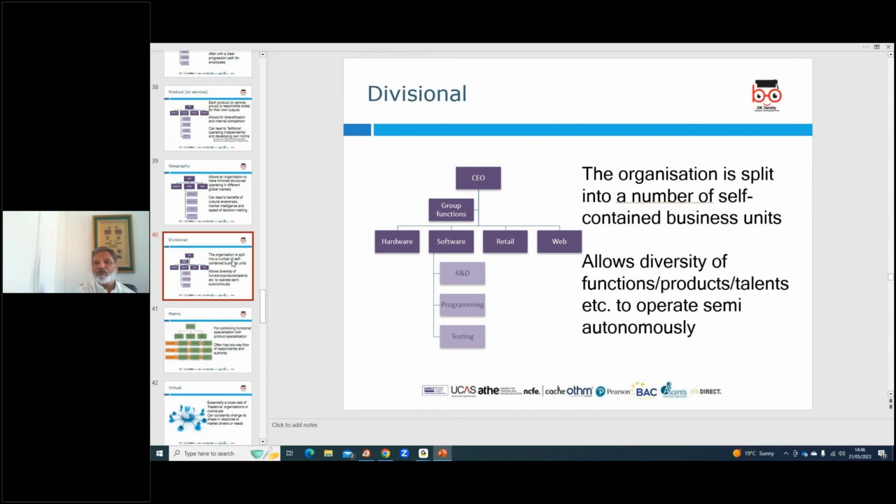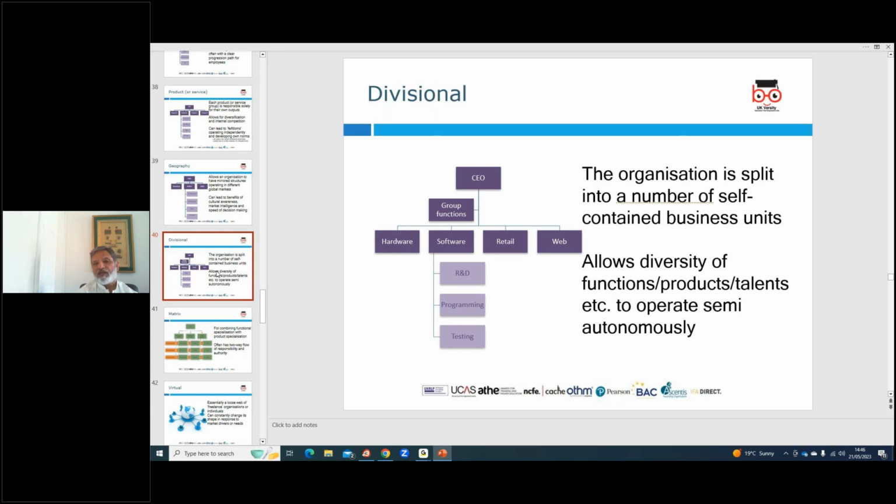We divide those into different divisions. We are dividing those organizations into different divisions by splitting those into different number of units, self-contained units, and that includes people of different talents.